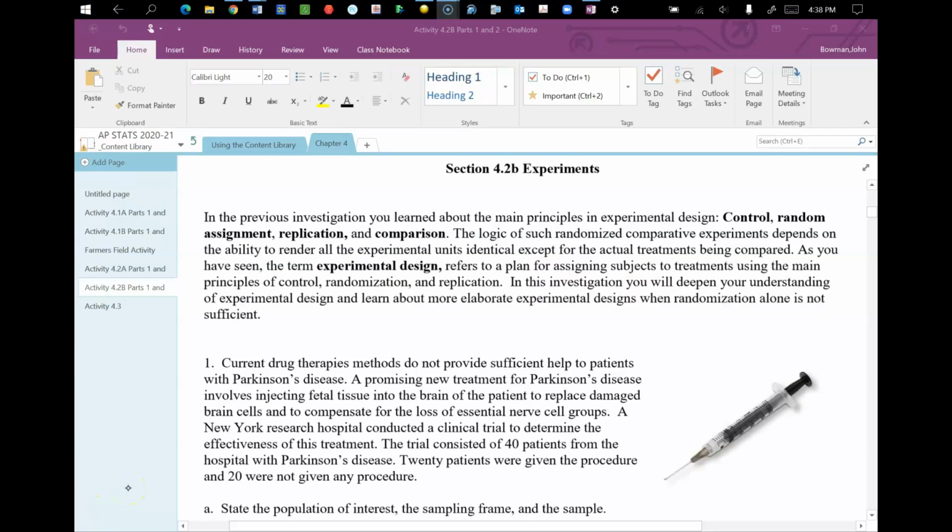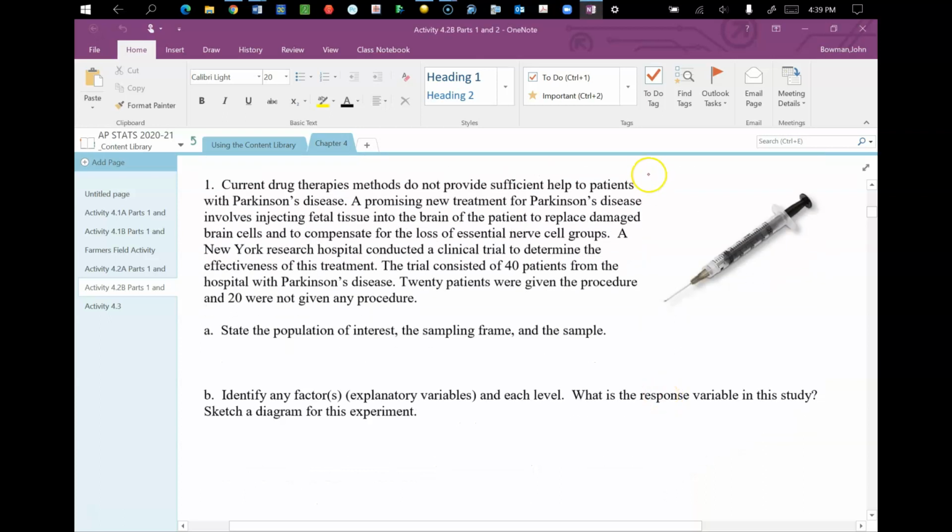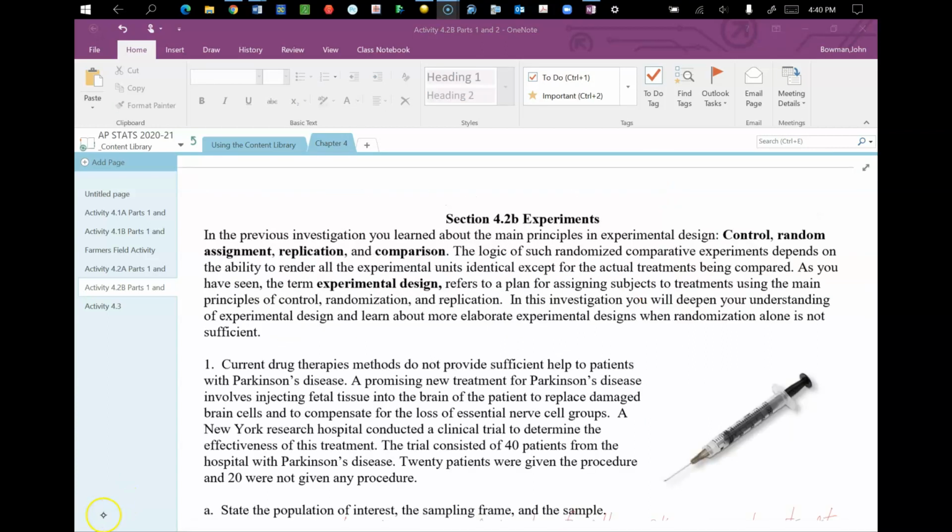Another issue with experimental design that we have to deal with is called the placebo effect. And to deal with that, we often give some subjects in the experiment what is called a placebo. And to get into the discussion about that, I'd like you to pause the video and read part 1 right here before we come back together and talk about some of these questions.